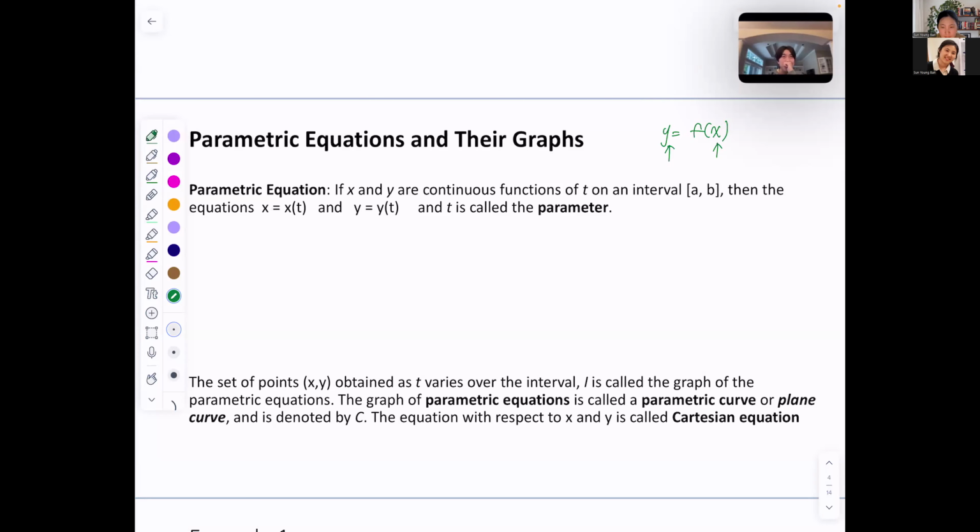In parametric equation, both x and y have a third variable t. So the x function is: you have another input t and you will get the output x. Even though we have two functions for x and y, there is a sub variable such as t. So this is what we call a parametric equation. It sounds a little bit weird, so I'm gonna show you the example. Let me see the example quickly.